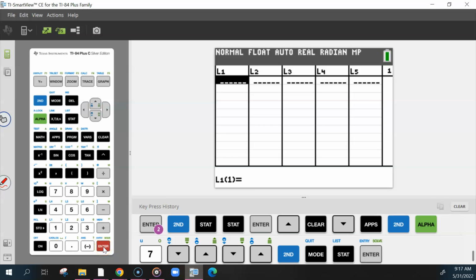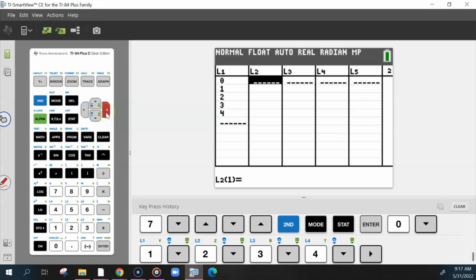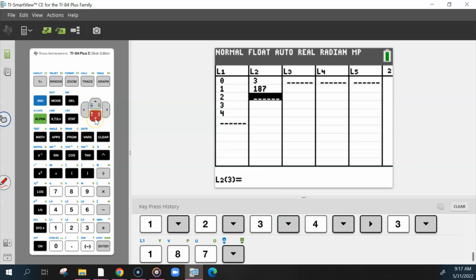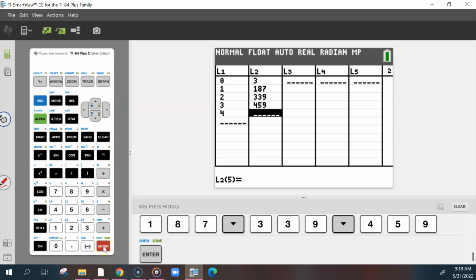Put in your numbers for L1, L2. There's a quit option.